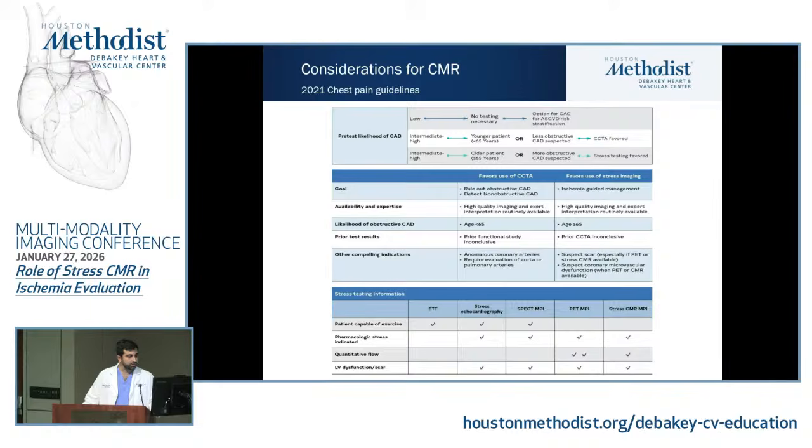The guidelines, and I think general knowledge, have really emphasized that when it comes to stress testing modalities, the functional testing ones, there's kind of tiers, if you will, where each of them has their advantage, and each of them would have their disadvantage. So stress MRI and PET may have an advantage in quantitative flow parameters, really nailing down scar extent and pattern of scar, and potentially identifying other causes for cardiomyopathy.